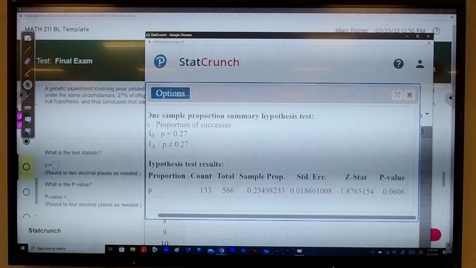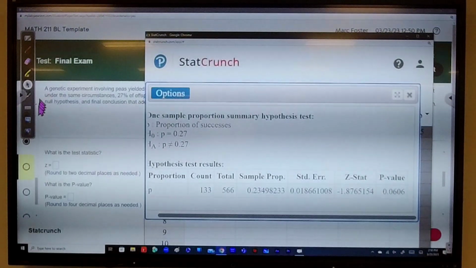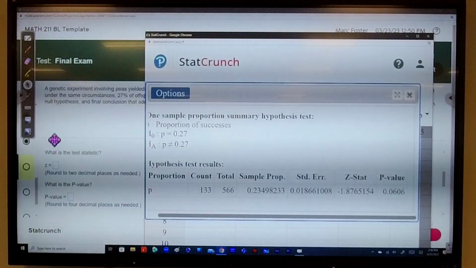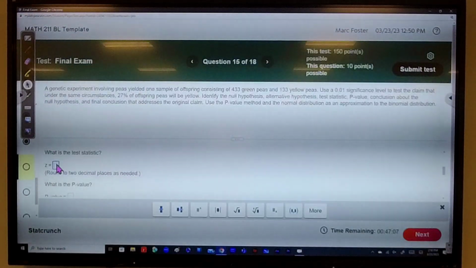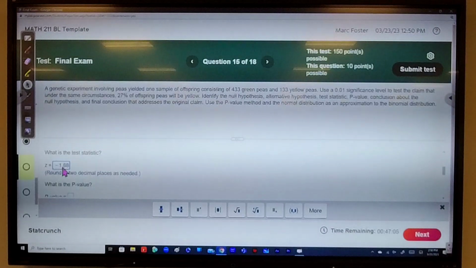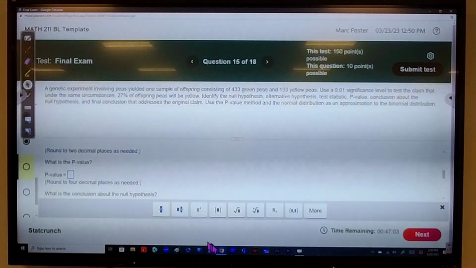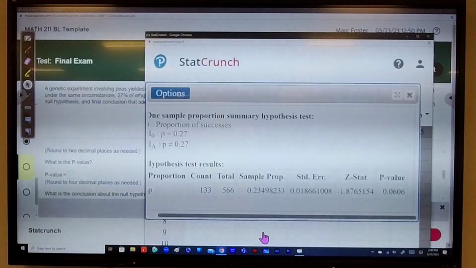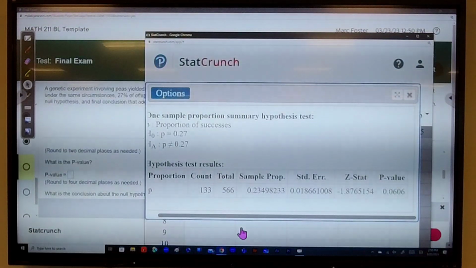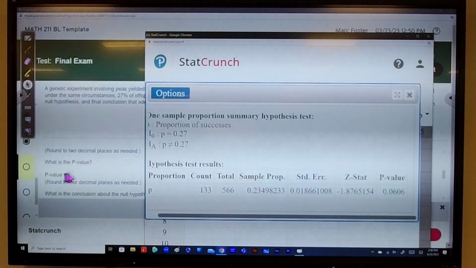Z-stat is the test statistic. So minus 1.88 is mine, with a corresponding p-value of 0.0606.